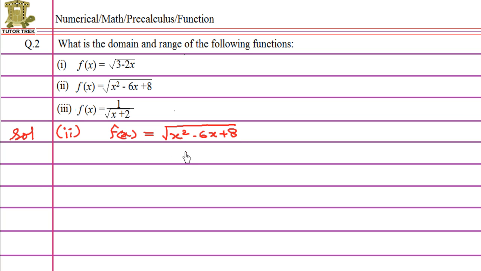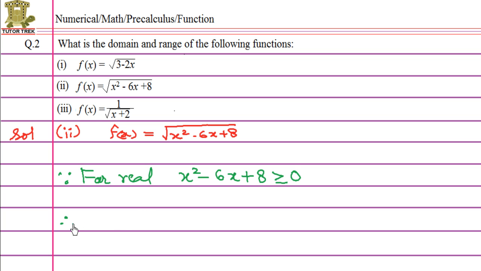Here we have to follow the same procedure. It is in the numerator, and the expression under the square root sign should be greater than or equal to 0. So what we will do, for real values, x square minus 6x plus 8 should be greater than or equal to 0.